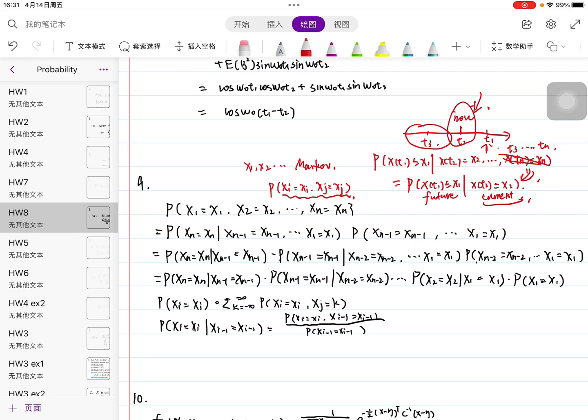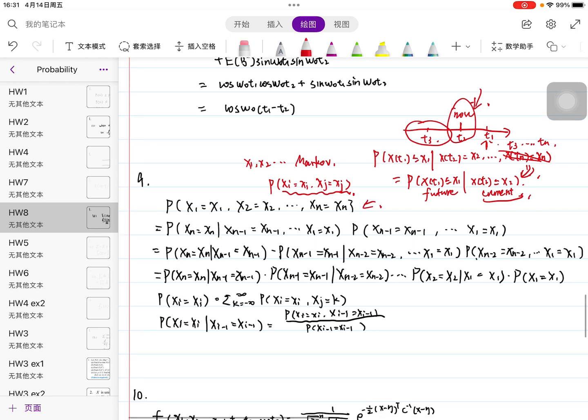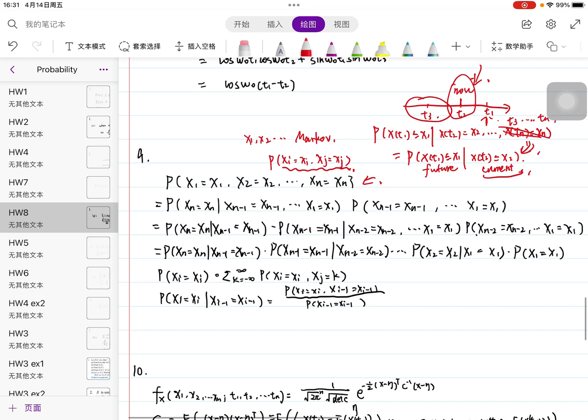So come back to our question. The probability of this union probability, we could write it as a conditional probability.